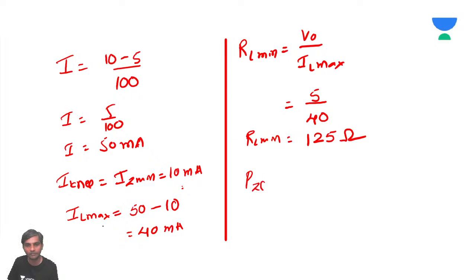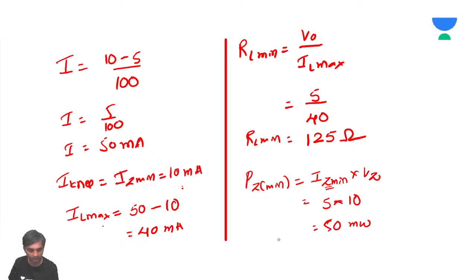So PZ minimum is going to be IZ minimum into VZ. How much is VZ? 5 volts. IZ minimum is 10. So it's going to be 50 milliwatts.